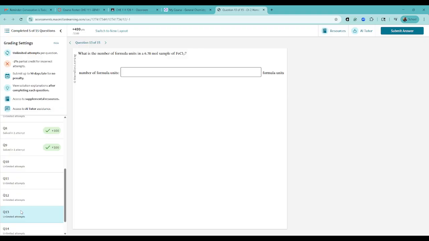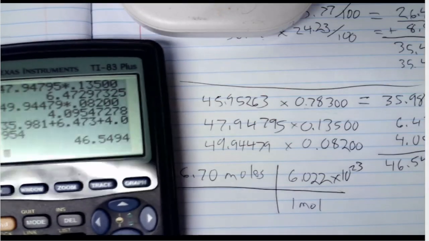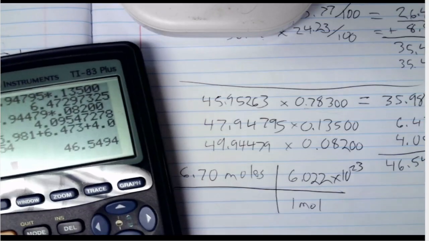For every 1 mole, there is 6.022 times 10 to the 23rd of something. So we are just multiplying those across. It's pretty straightforward. We're going to get a big number.